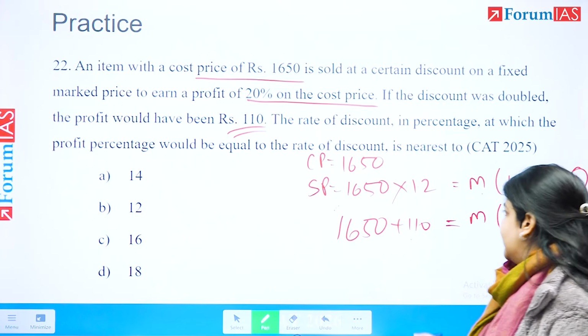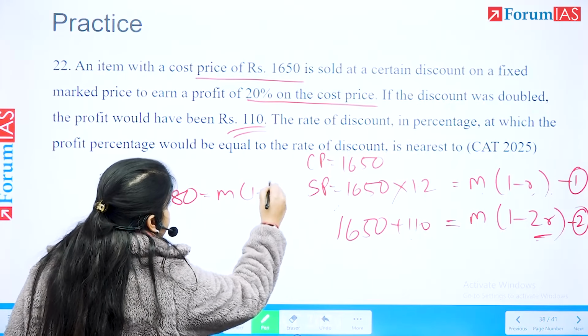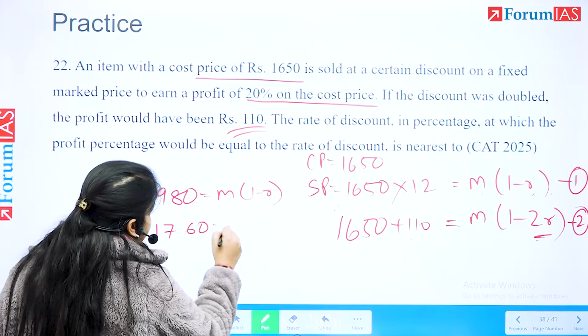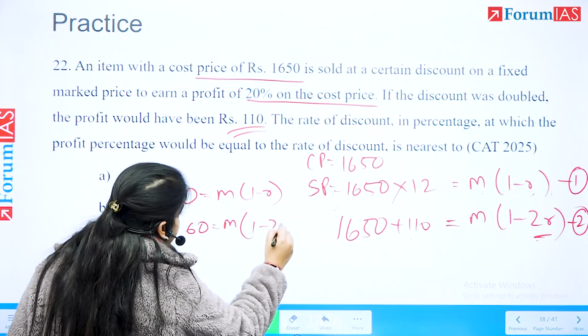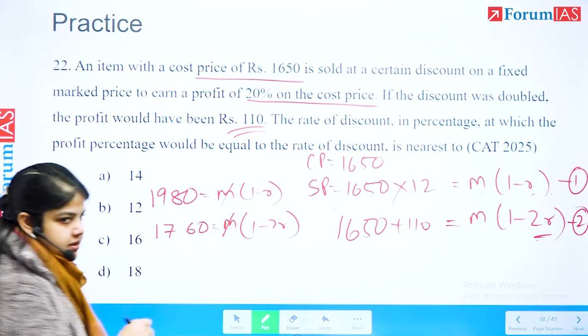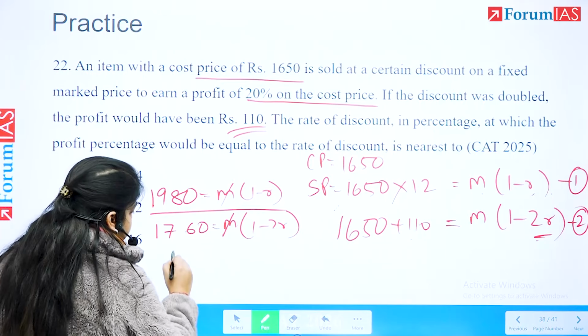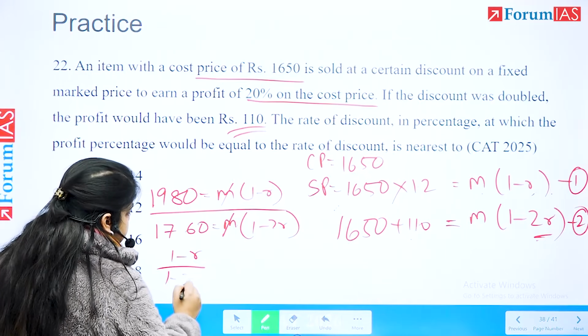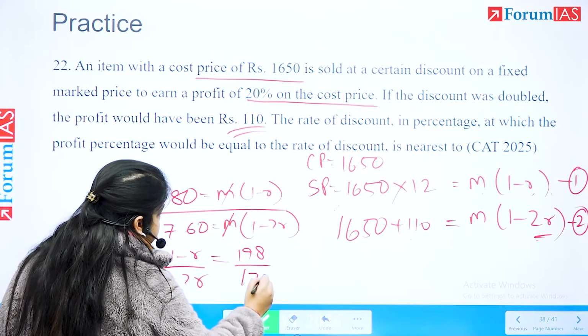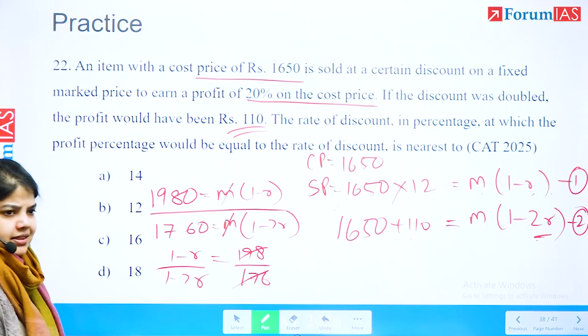So we have 1980 equal to M into 1 minus R, and we have 1760 equal to M into 1 minus 2R. M cut gaya if you divide it. Correct? Divide कर दिया. You just divide it. So 1 minus R upon 1 minus 2R equal to 198 by 176. थोड़ा simplify कर लेते हैं.